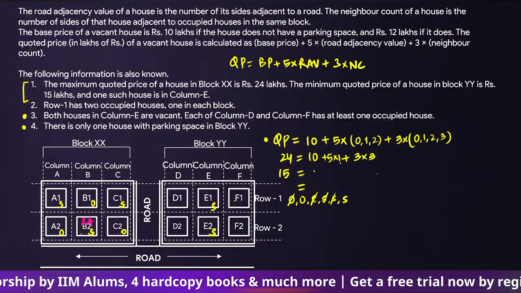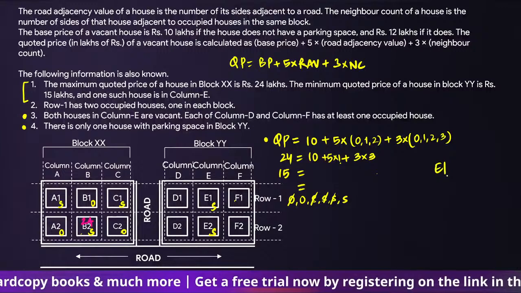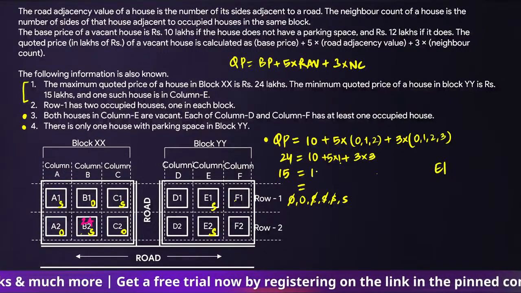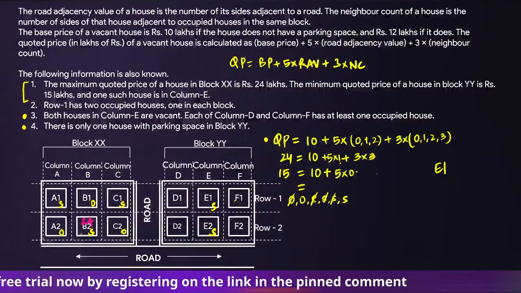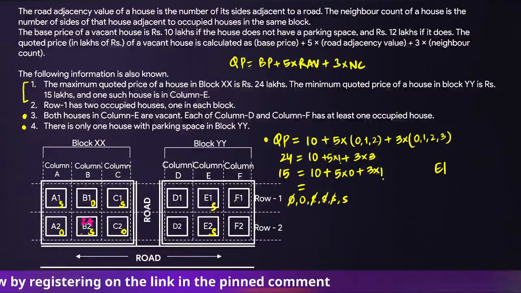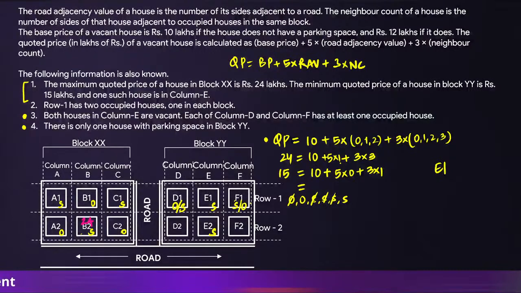So if both the houses are vacant, so if we talk about E1, can we make a 15? So it's going to be 10 plus not beside any road plus 3 into 1. That means one occupant. So we can have an occupant here. So we will have up for sale here, or if we have up for sale here, so we'll have an occupant here, right?